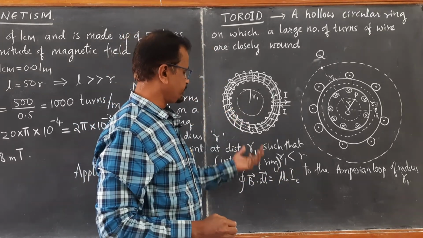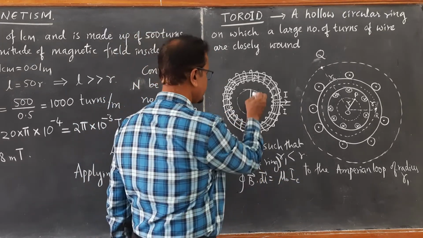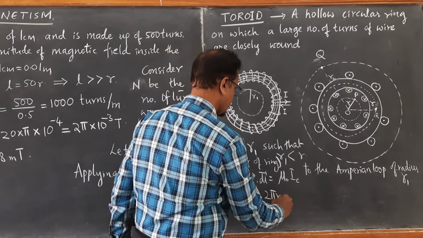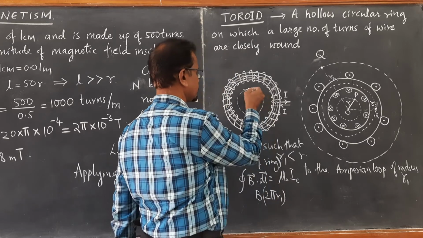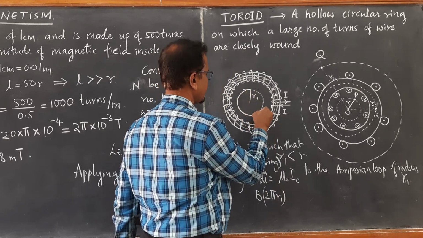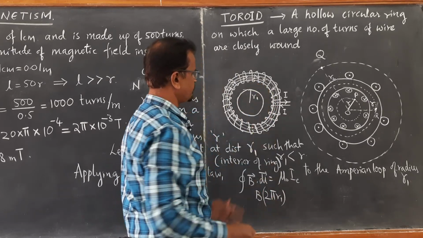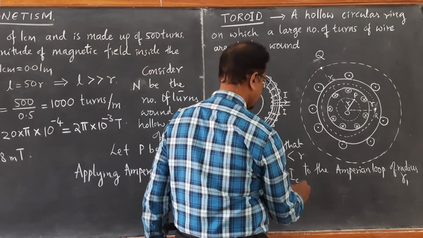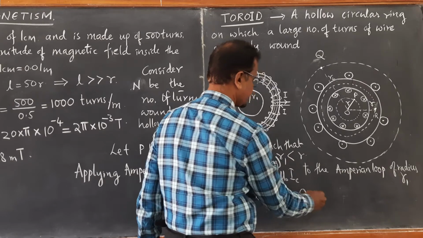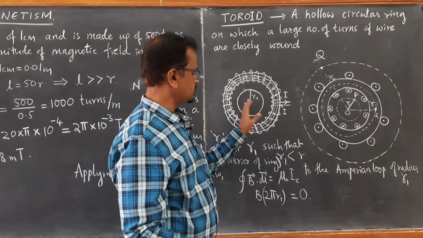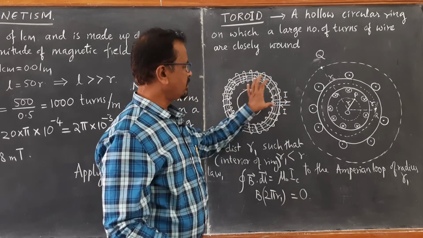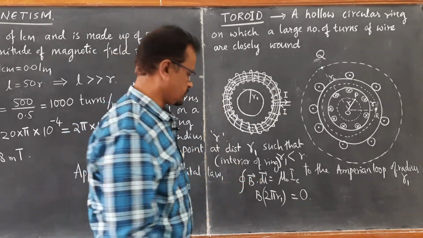B dot dl, if you calculate, becomes B into 2 pi r1, where 2 pi r1 is the total length, the circumference of this Amperian loop, equal to mu naught times the current enclosed. The current enclosed is 0, no current is enclosed, therefore the magnetic field in the interior of the toroid is 0.